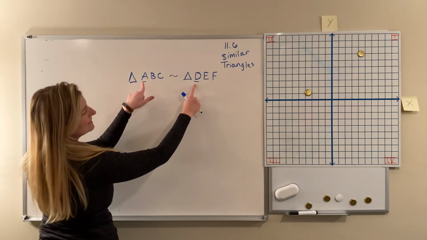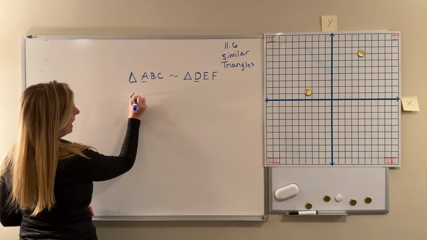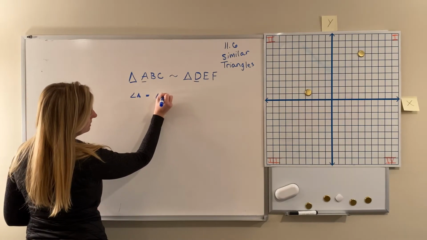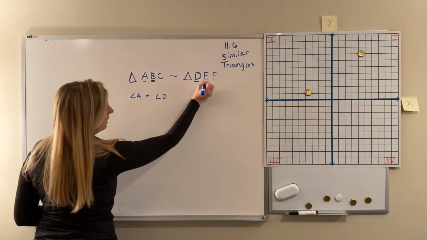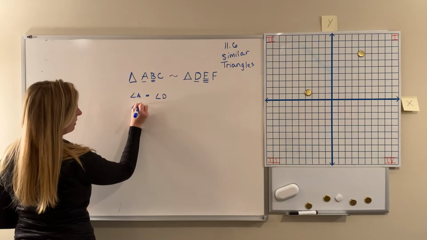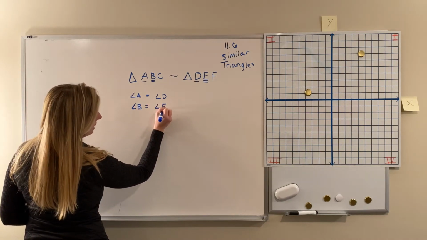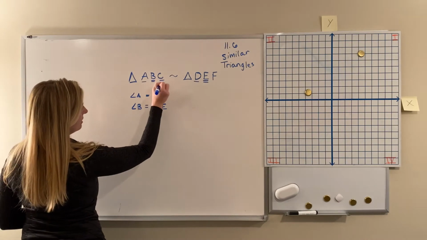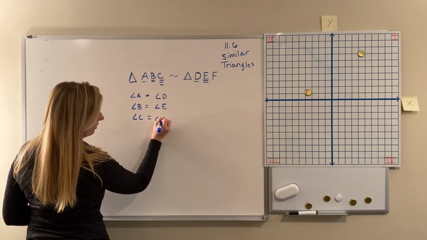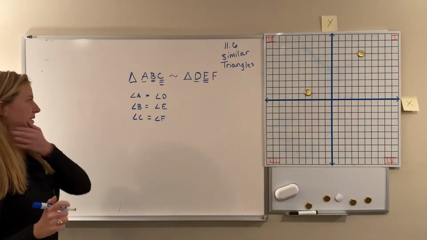Corresponding angle just means same relative position, so first angle and first angle. So angle A has to equal angle D. Angle B has to equal angle E. And last, angle C has to be equal to angle F. And that's just the first rule. Equal angles means similar triangles.